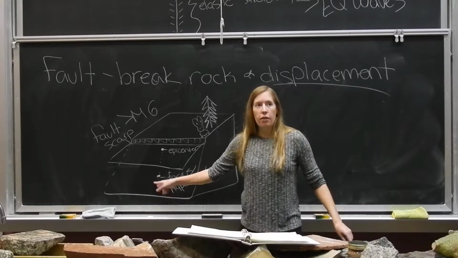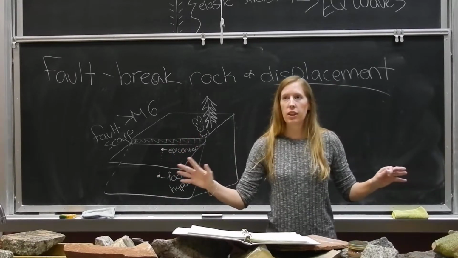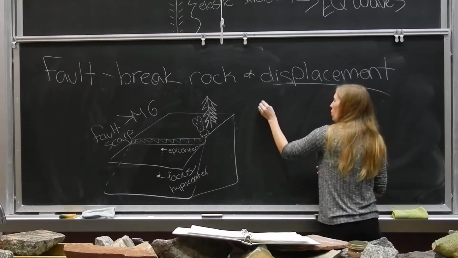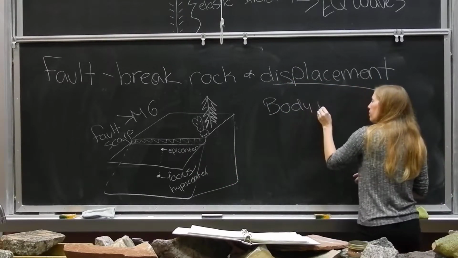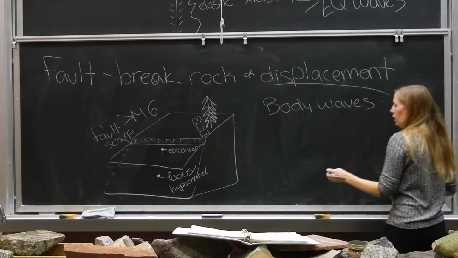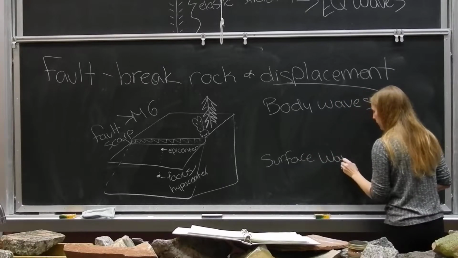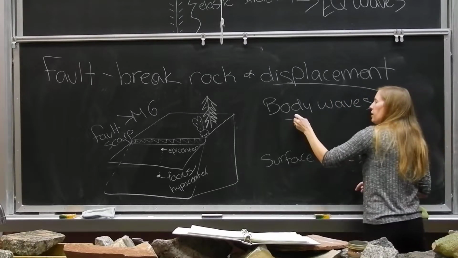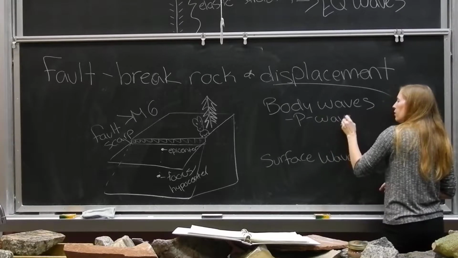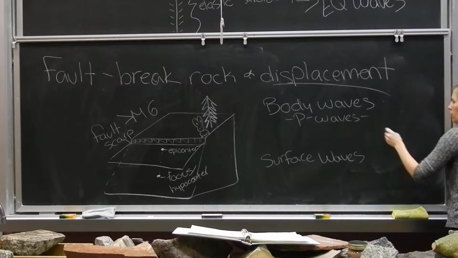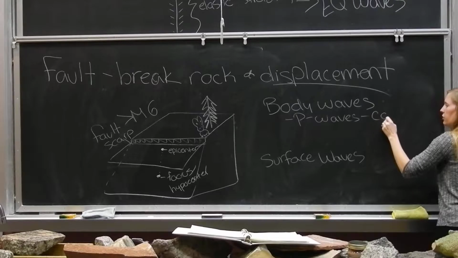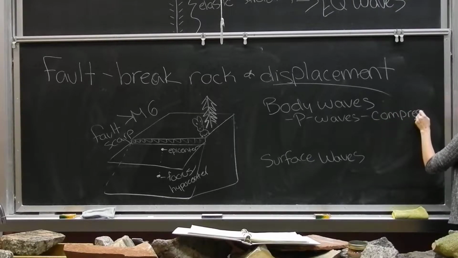When an earthquake goes off, it generates specific types of waves, right? We've got our body waves, and we have our surface waves. Body waves include our P waves, these are compressional. What's an example of a compressional wave? Yeah.